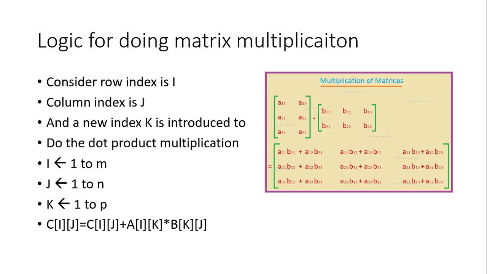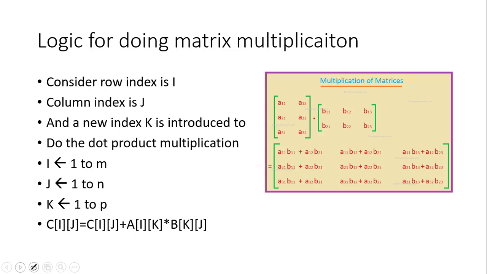So here we have to give one by one. First, the I index with a loop is given with a varying range of 1 to m, and next the J is given with a varying range of 1 to n, and the new index K is introduced with a loop varying from 1 to p.